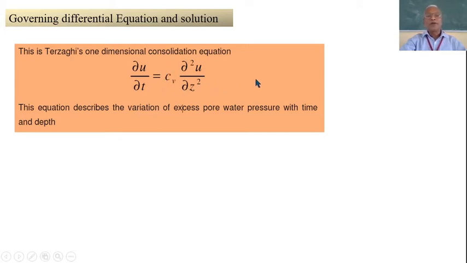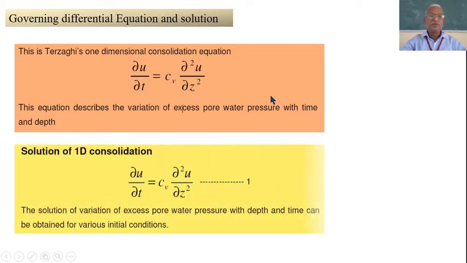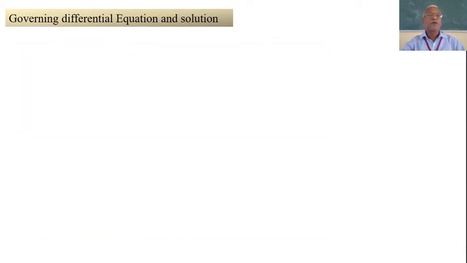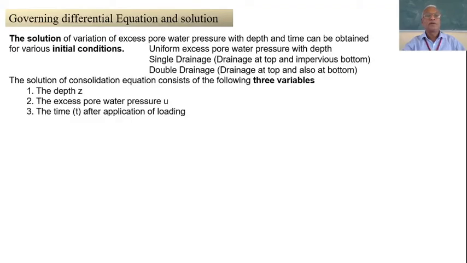Now the solution of this differential equation depends upon end conditions or boundary conditions. We'll see different cases and then how the solution gets developed. The solution of variation of excess pore water pressure with the depth and time can be obtained.